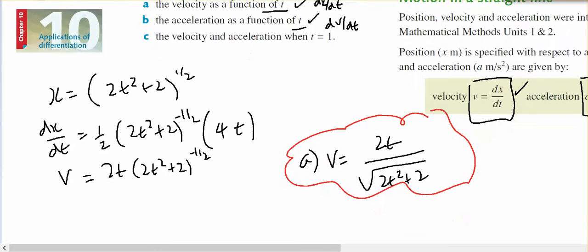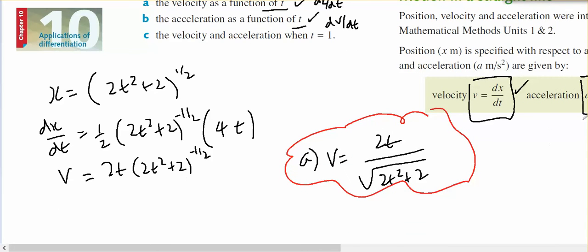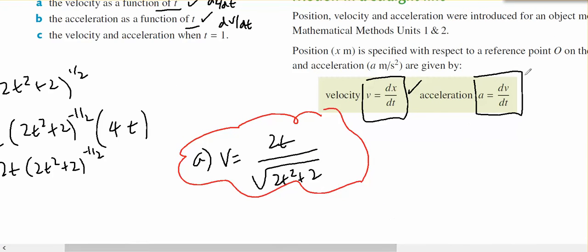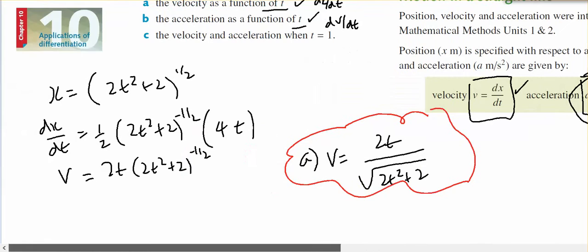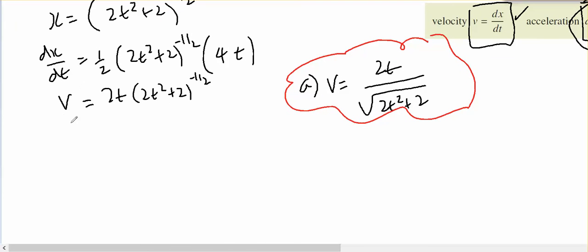Looking at the second part, acceleration is going to be the derivative of velocity. So I need to take the derivative of this, and I've now got a product rule. So u equals 2t, therefore u dash equals 2, and v equals (2t squared plus 2) to the negative a half.